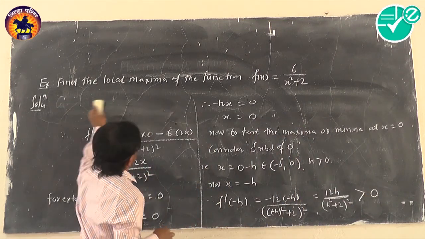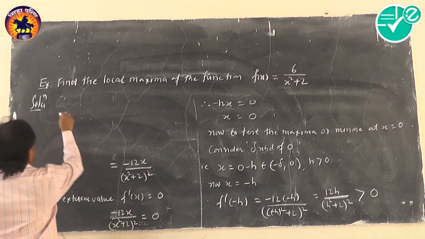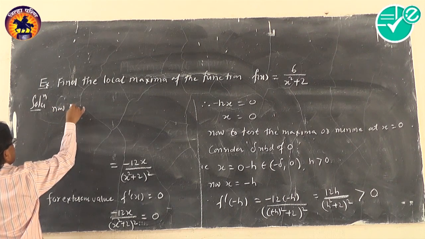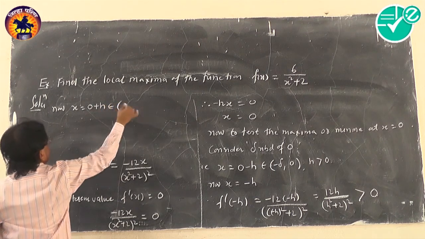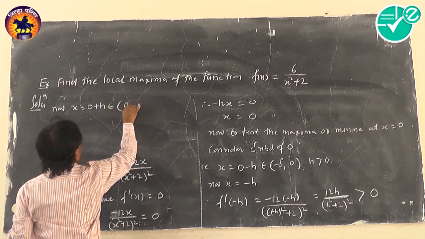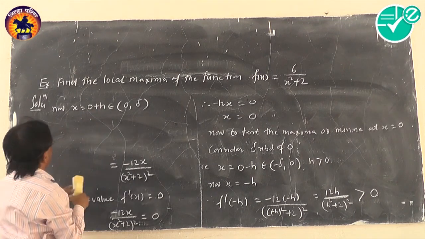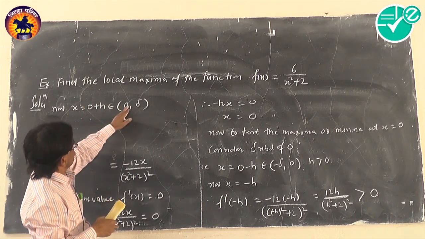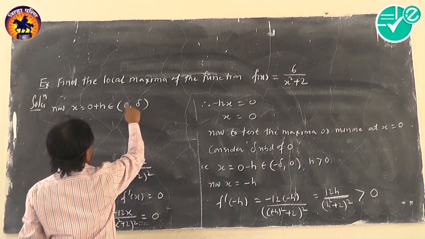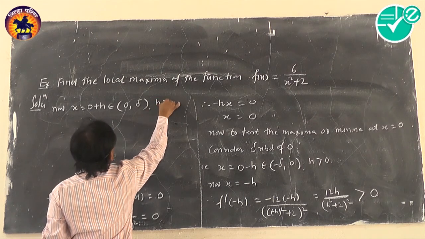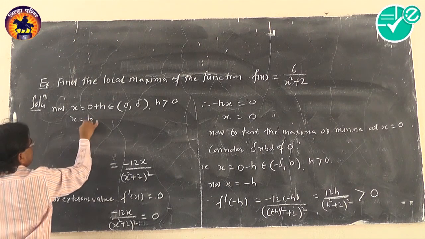Now x is equal to 0 plus h belongs to 0 comma delta, means 0 plus h is the value at the right side of 0, in the interval 0 comma delta, where h is strictly greater than 0. Therefore x is equal to h.